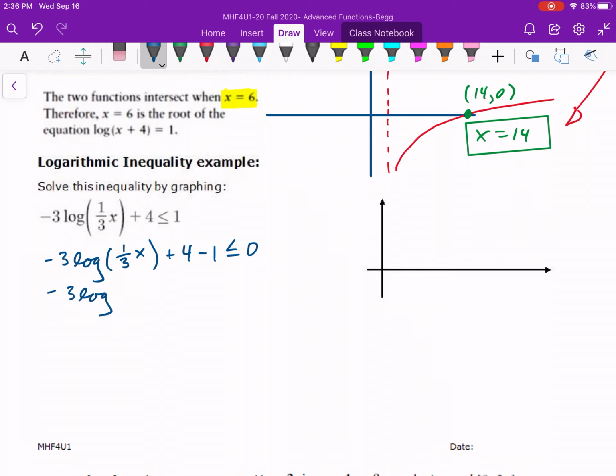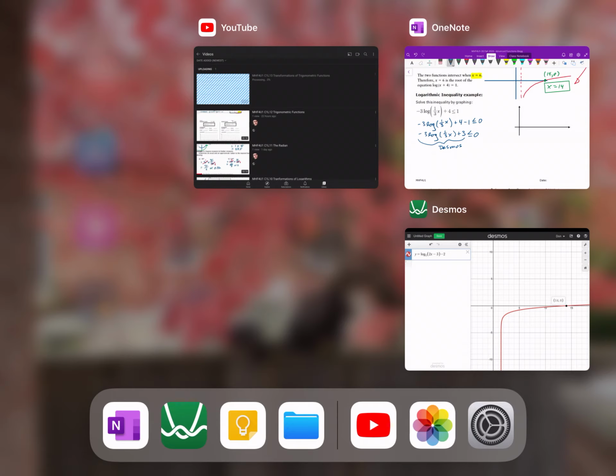So I brought the 1 over, and now I'm simplifying the equation. It simplifies down to just plus 3 in that case, and that's less than or equal to 0. So I'll graph this function here in Desmos, y equals this, see what it looks like, see where it's below the x-axis, and that'll give me my solution.